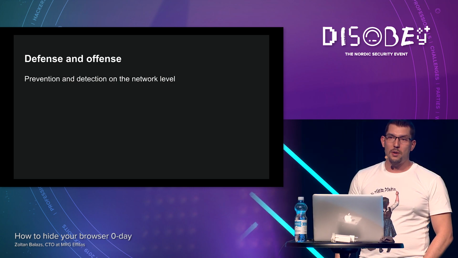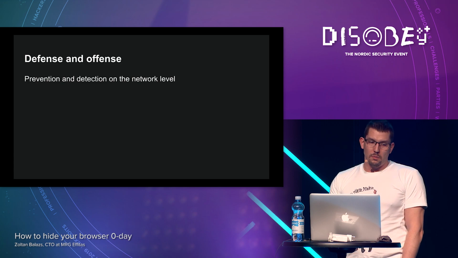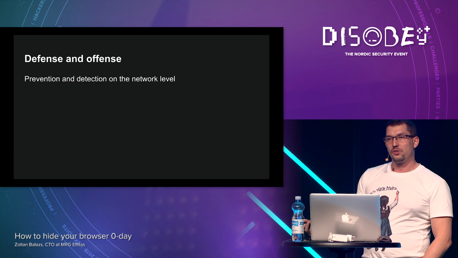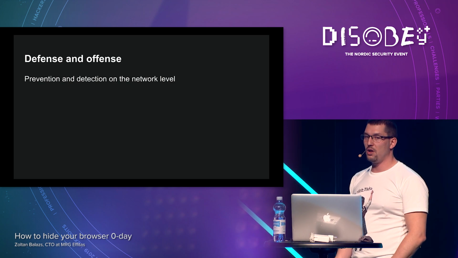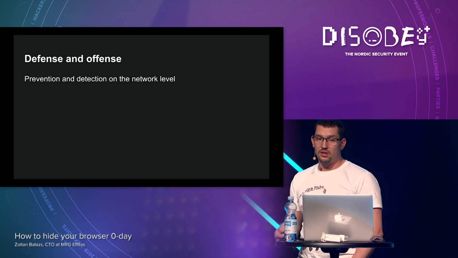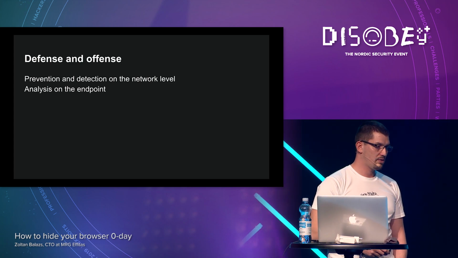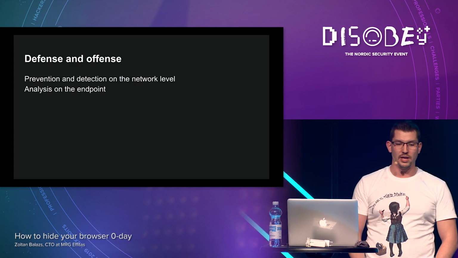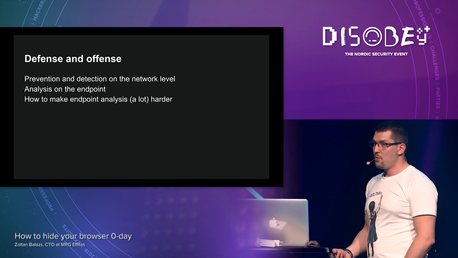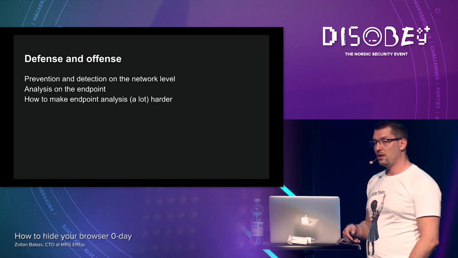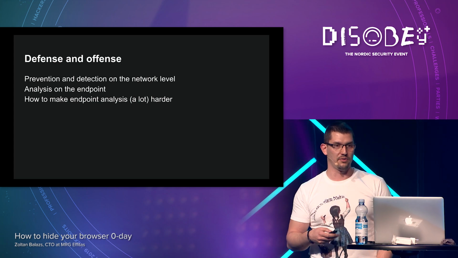I will talk about how we can create some preventions against encrypted exploit delivery at the network level, and how you can detect it. I will talk about some ways to analyze it on the endpoint. And from an offensive side, I will also talk about what you can do to make blue teamers' lives even harder.